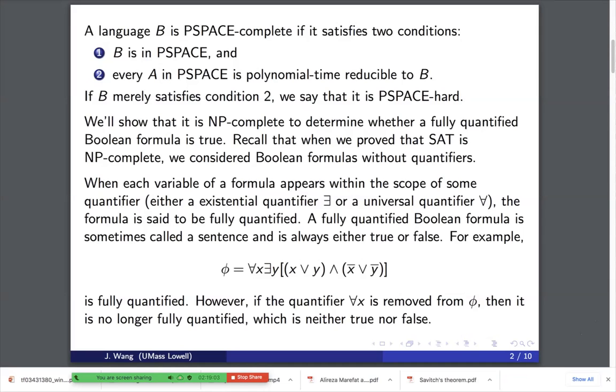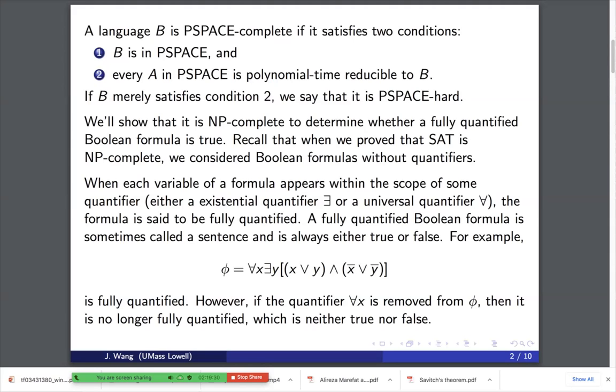So we use this polynomial time reduction. A language B is PSPACE complete if it satisfies two conditions. Number one, B is in PSPACE. And number two, every A in PSPACE is polynomial time reducible to B.